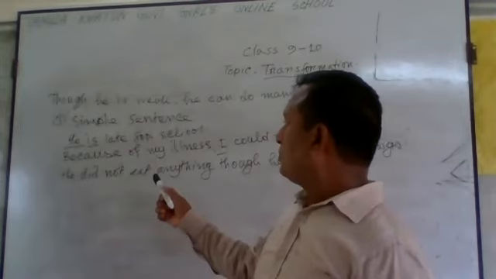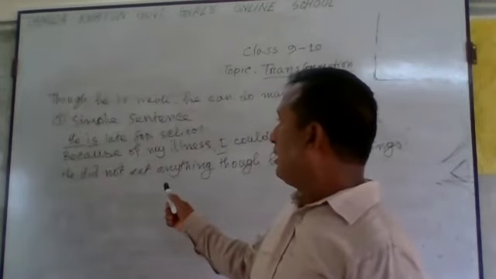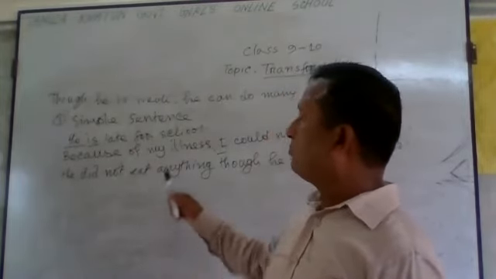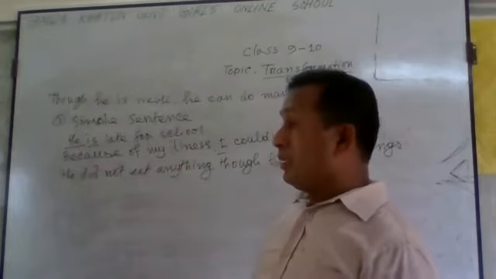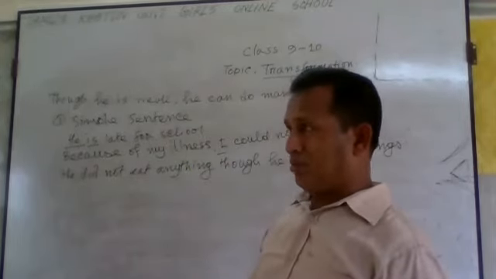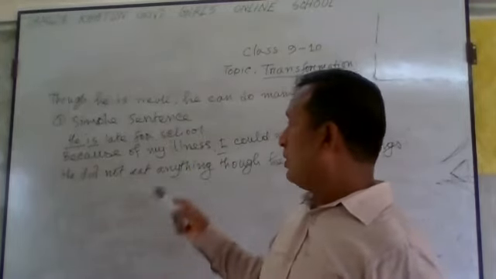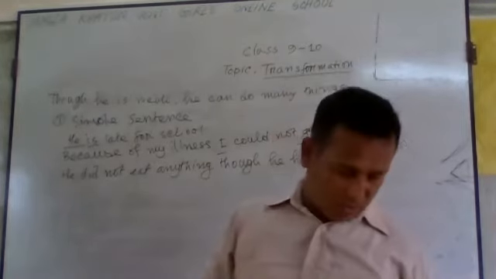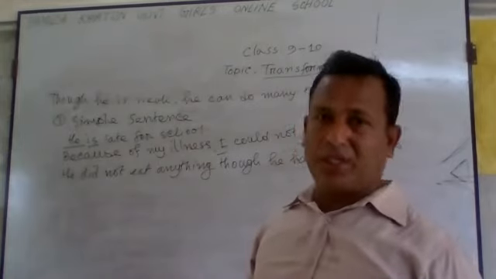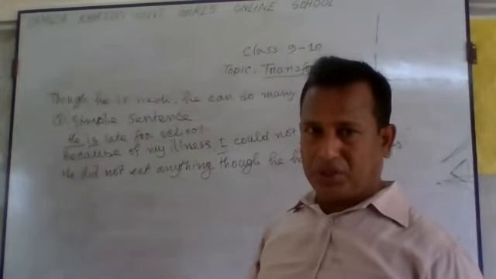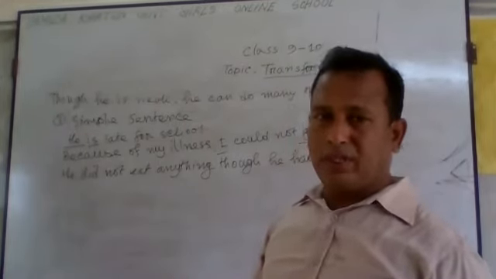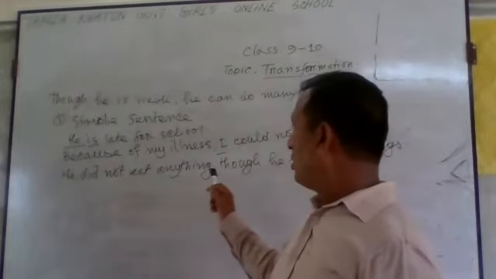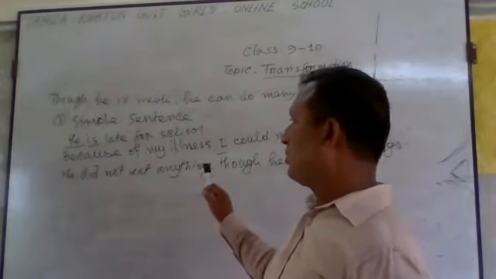And you look at, in a complex sentence, when the principal clause is at the beginning, or at the first of the sentence, then we need not use a comma in the middle.